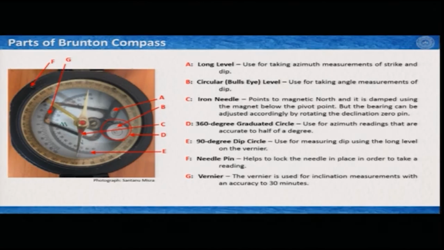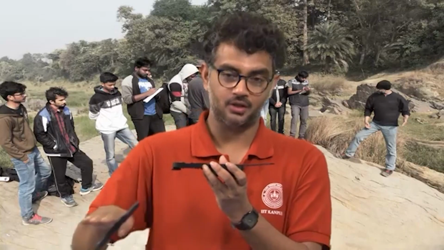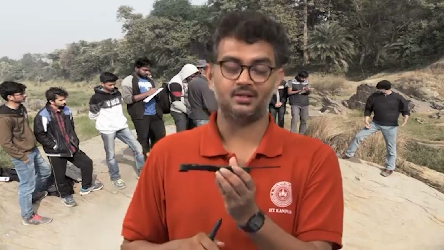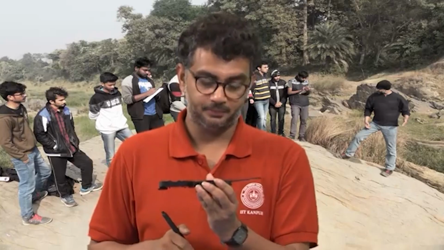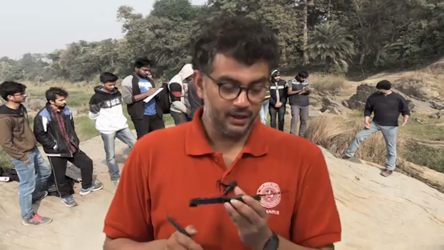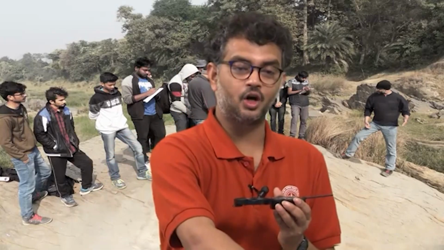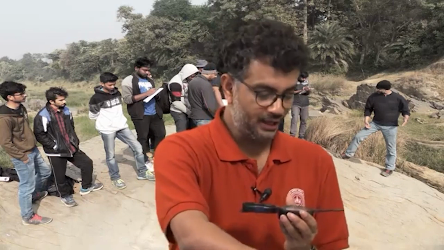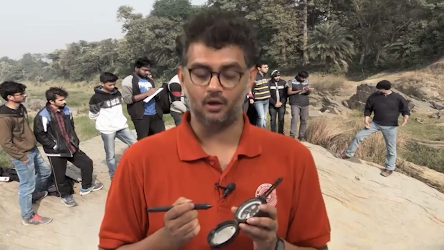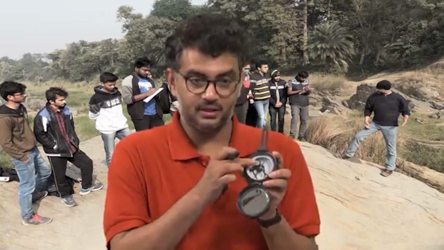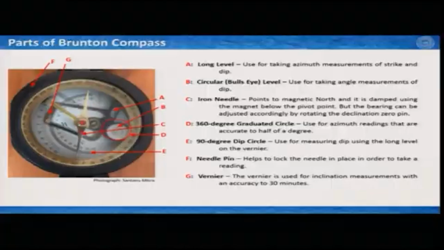So, measurement of azimuths, that is, all measurements on the horizontal surface, is assured by keeping the bull's eye bubble in the center. Now, how do you make sure that your compass is vertical? To do that, you have another level inside, we call it the long level, which is this one in the slide.